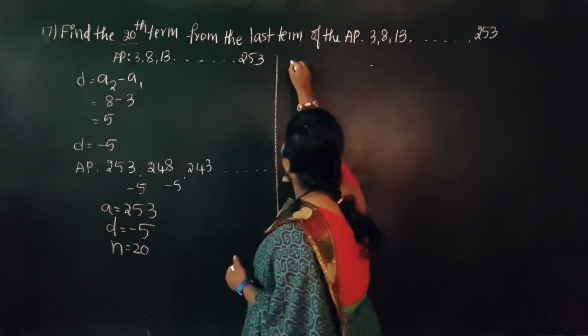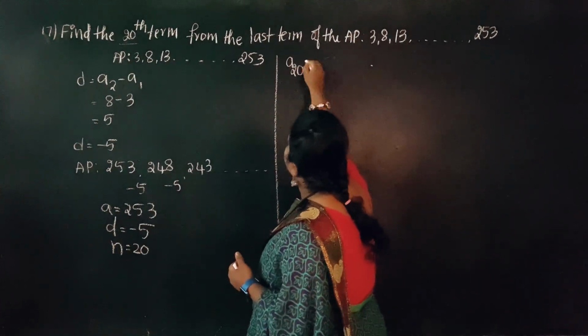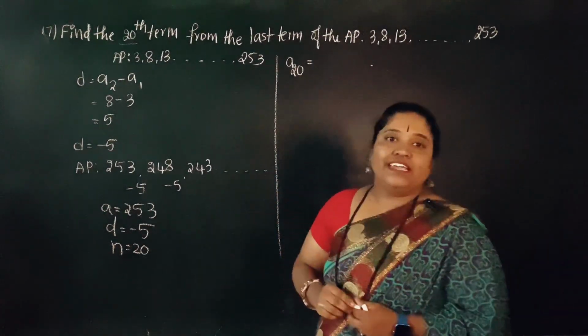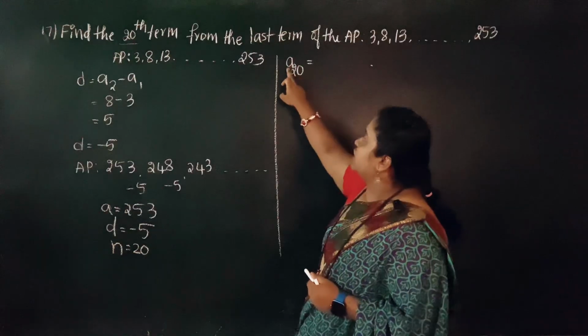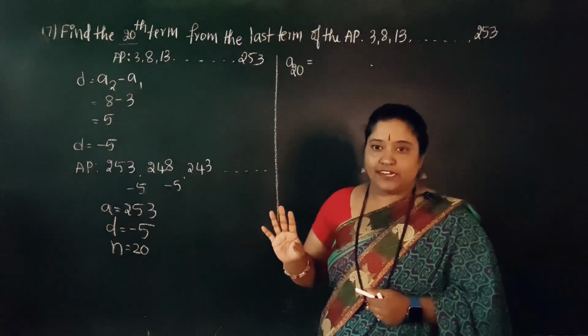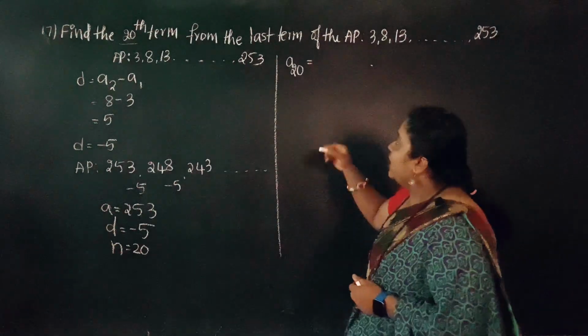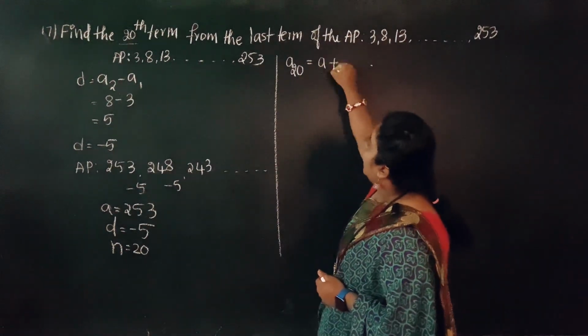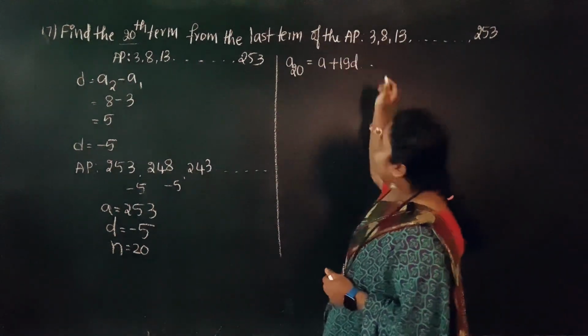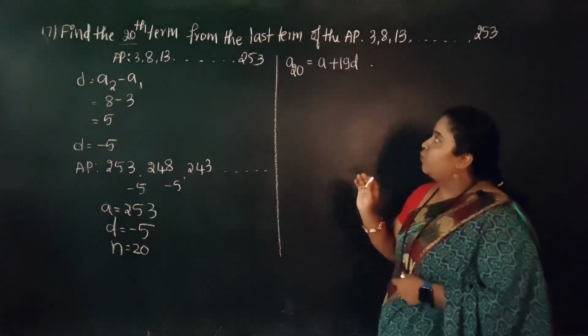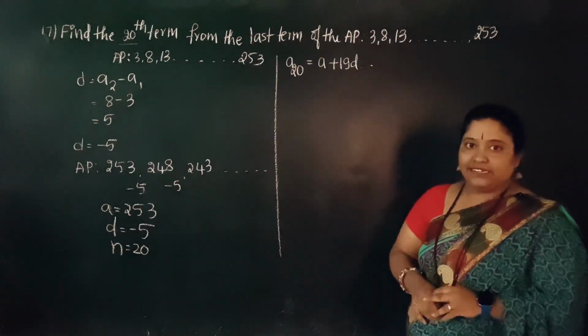Dear, if I want to calculate the 20th term, that 20th term can be represented by A20. Understanding? And how can I write A20? A20 can be written as A plus 19D. Understanding? A20 can be written as A plus 19D.